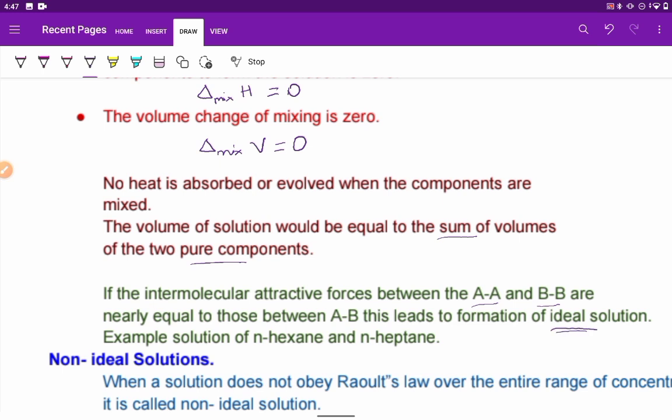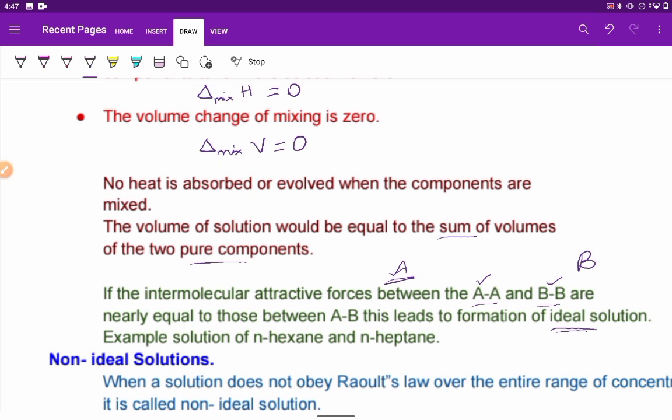So I will just tell again. There are two pure components, one is A, another is B. In component A there will be intermolecular attractive forces between the molecules of AA, and also there will be intermolecular attractive forces between the molecules of BB. So this is on one side.